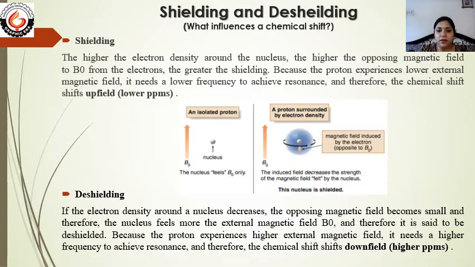Here it is also shown by a diagram that this one is an isolated nucleus and this is the magnetic field. If the nucleus is isolated, the complete magnetic field is felt by the nucleus, and accordingly it will give the -half and +half values, and the difference between these two values is higher.